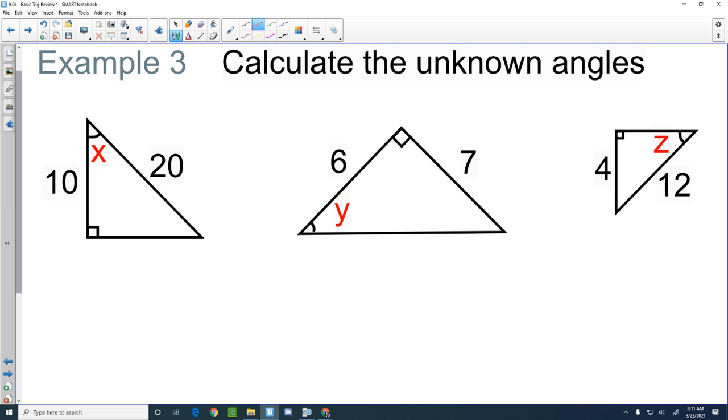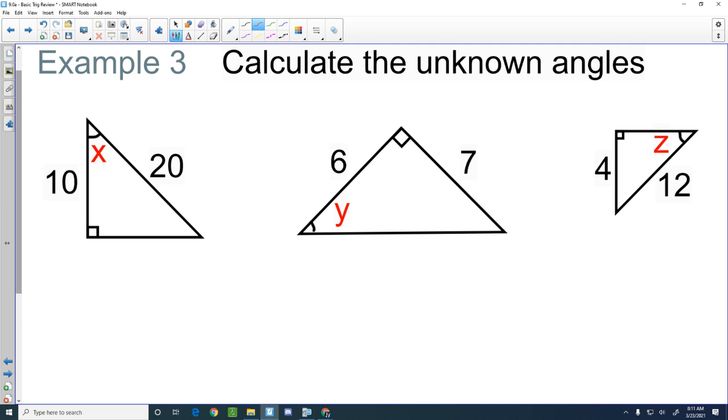So let me show you how we'd set this up. Our unknown angle in this first triangle is x. It's in that top corner there. I still need to identify the sides that I'm given, adjacent, opposite, or hypotenuse, because that tells me which trig function I should use, sine, cosine, or tangent. For this first one, for x, everybody, what are we using?